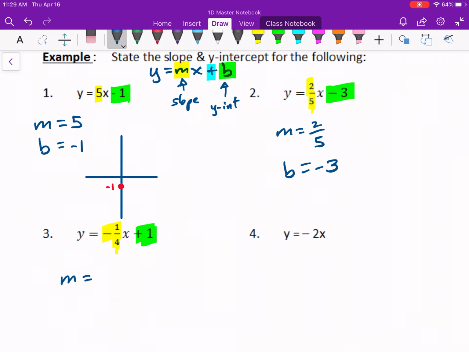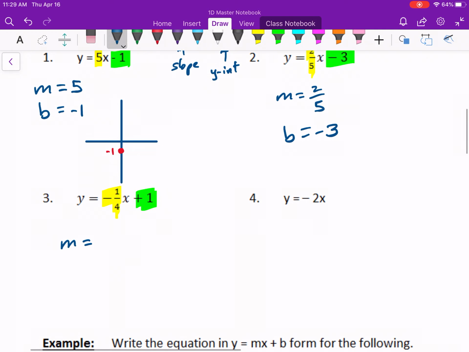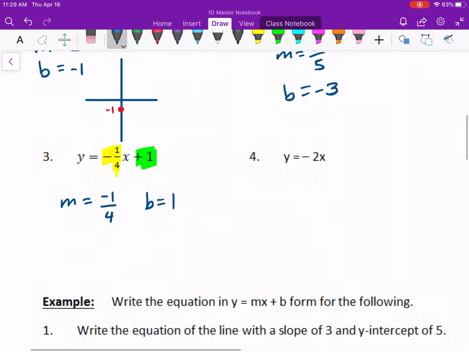Again, remember, a negative slope means we go downwards from left to right, so that's all that's telling me. And when I write a fraction, I like to put that minus sign up on the top, rather than just shoving it out front. So it means the same thing, but I encourage you to put that minus sign on the top as well. So m equals -1/4, and the slope is 1. Positive 1, I don't need to write the plus sign to indicate that.